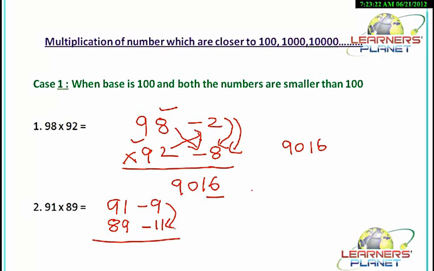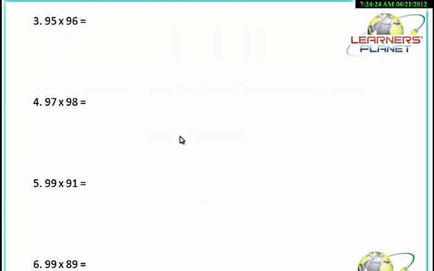Now from the multiplication of these two numbers, 11 into 9, we get 99, and from the cross subtraction, either 89 minus 9 or 91 minus 11, we get 80. So the multiplication of 91 and 89 will produce 8099. It's very simple, friends.